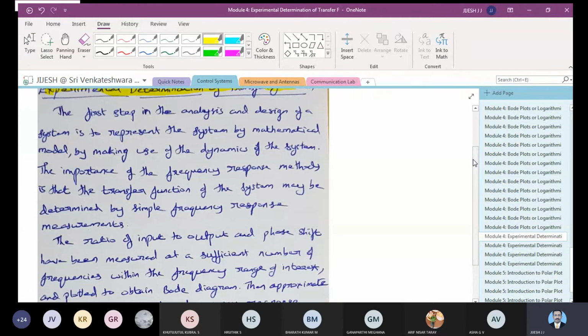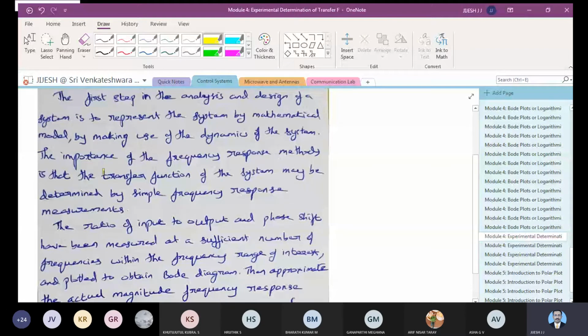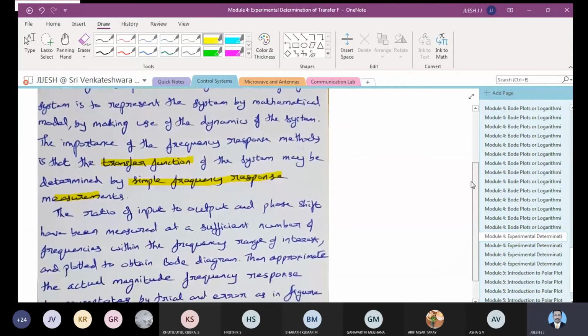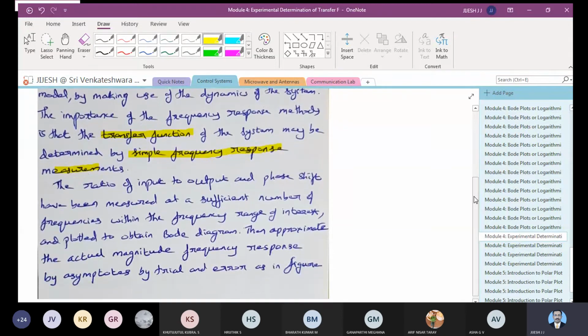The importance of the frequency method is that the transfer function of the system may be determined by simple frequency response measurements. So here we are going to discuss the experimental determination. If you are given a transfer function, how can you identify those things.